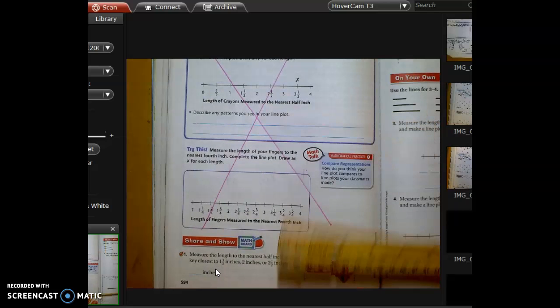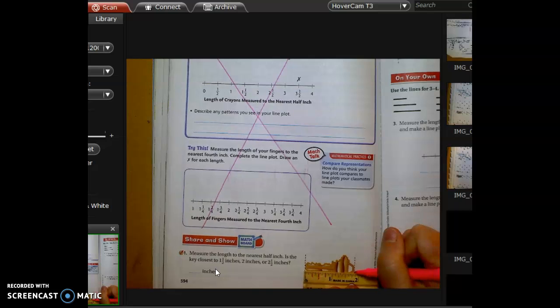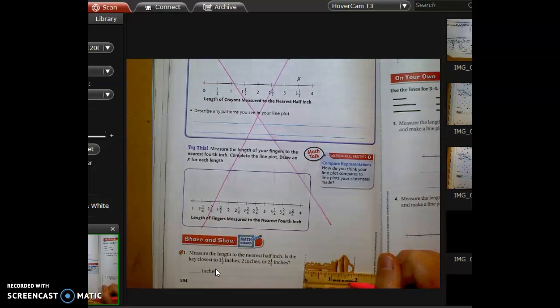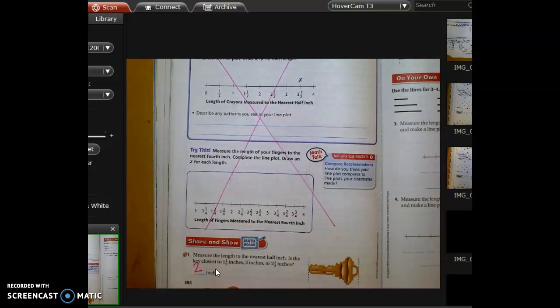Take out your ruler. Line that end line up with our 0 mark. And it's going to go right to here. So is this going to be closer to the 1.5, the 2, or the 2.5? And we can say it's very close to the 2. So it's closest to the 2 inches.